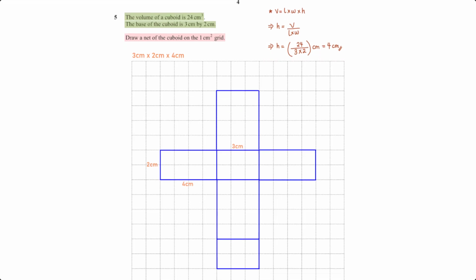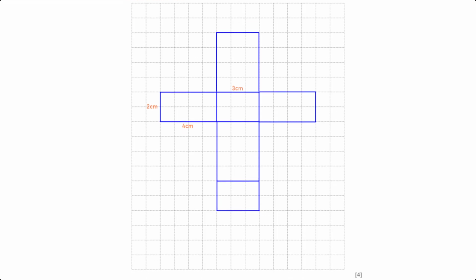A cuboid has 6 faces. In this case, 2 of the faces would have the dimensions 3 centimeters by 2 centimeters. Another 2 of the faces would have the dimensions 3 centimeters by 4 centimeters. Then the remaining 2 faces would have the dimensions 2 centimeters by 4 centimeters.